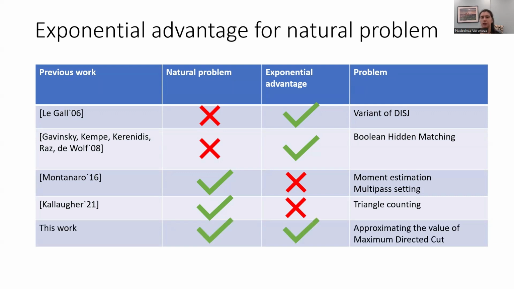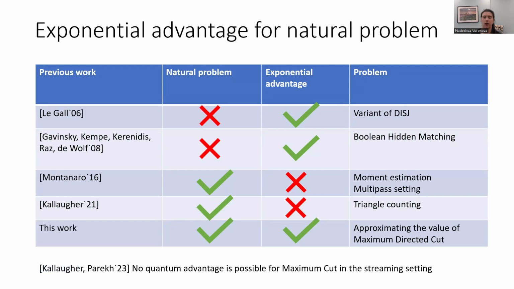In this work, we show exponential quantum advantage for a very natural problem of approximating the value of maximum directed cut in the streaming setting. Note that for a very similar problem of approximating maximum cut, it has been proven that no quantum advantage, even polynomial, is possible.